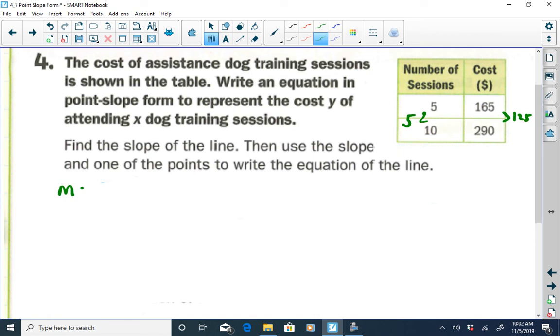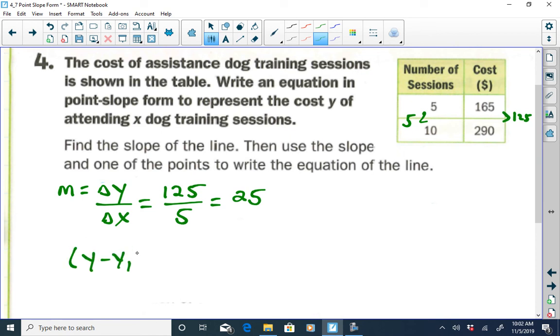So first I find the slope, which we're going to use the ratio of the change in y to the change in x. So that's going to be 125 as my change in y over my change in x, which is 5. All right, so that simplifies to a slope of 25. Using my point slope form, I'm going to have y minus y1 equal to m times x minus x1.